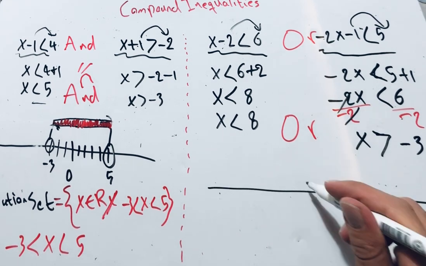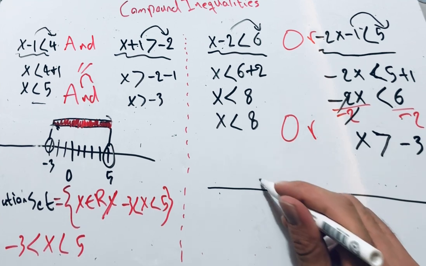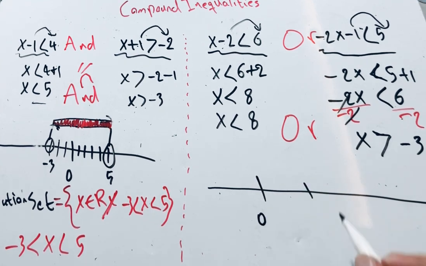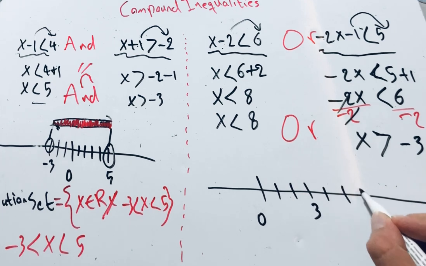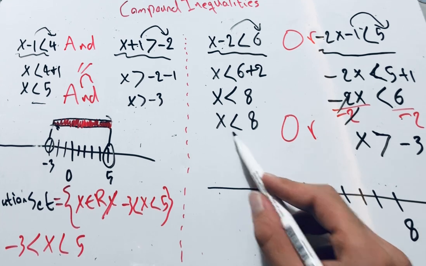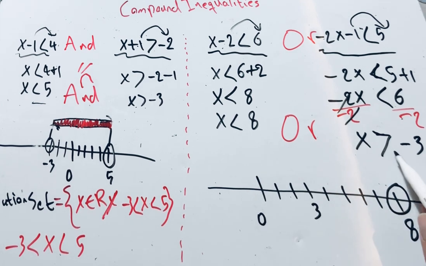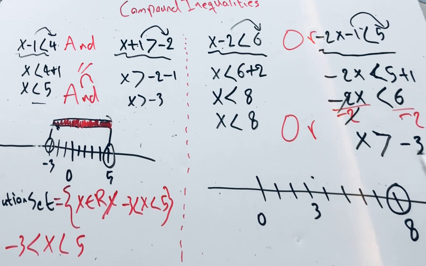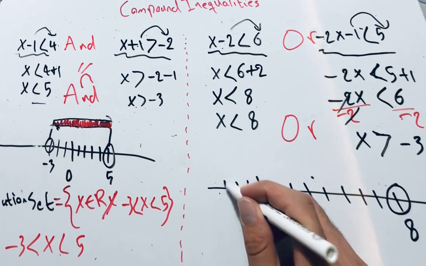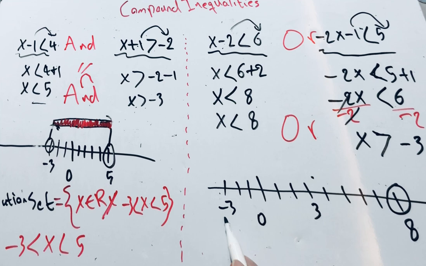So now let's go to the number line. Let's put 0 here. So 1, 2, 3, 4, 5, 6, 7, 8. We don't have an equal sign, so a circle. And this is -3.